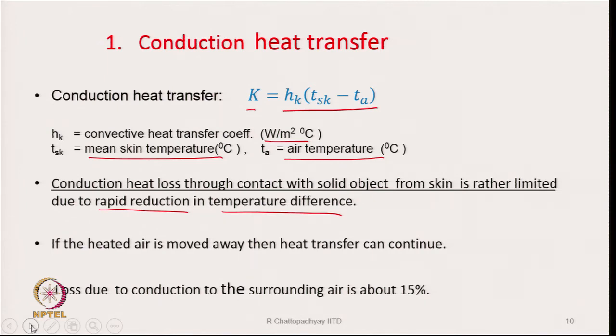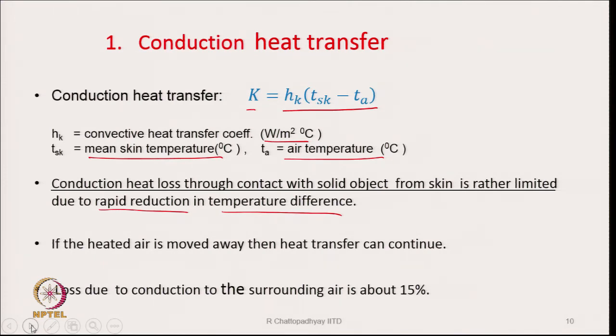So, if you have a mechanism by which the heated air next to the skin, as it is receiving heat from the skin, its temperature is rising, and therefore the temperature difference between the skin and the air layer in close contact with the skin will be gradually less and less. So, heat transfer also will be slowing down.